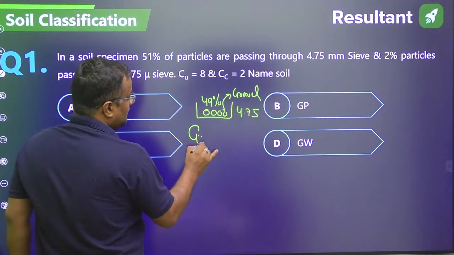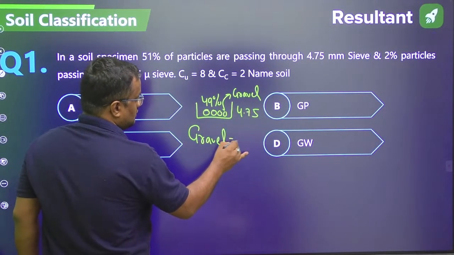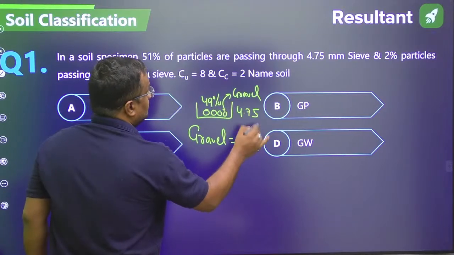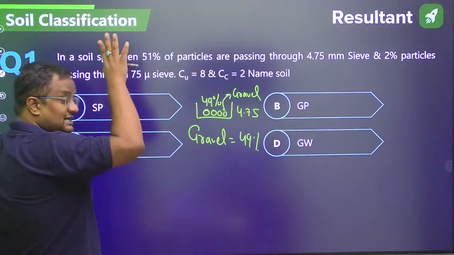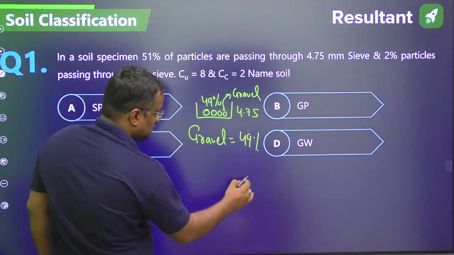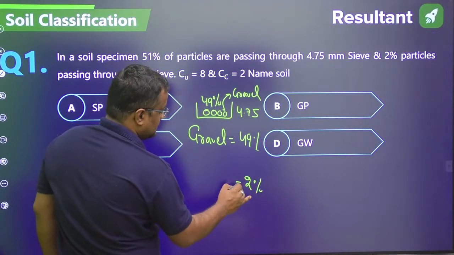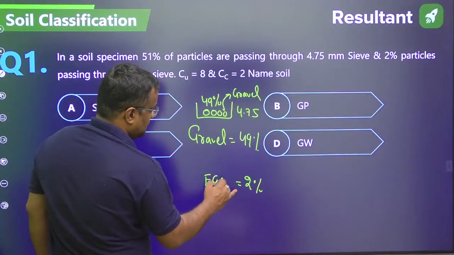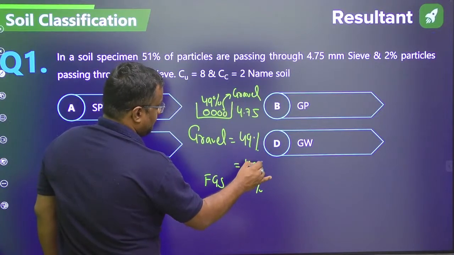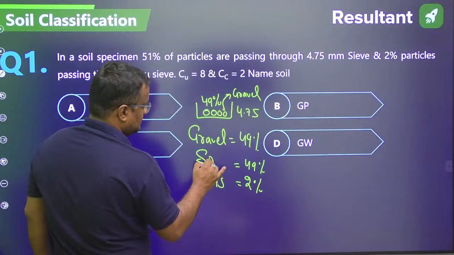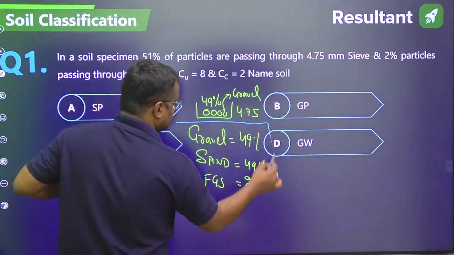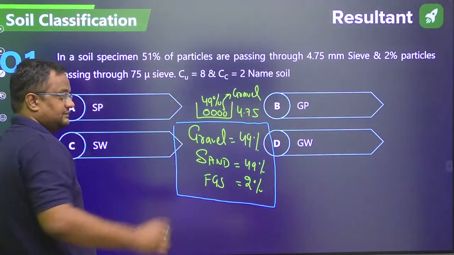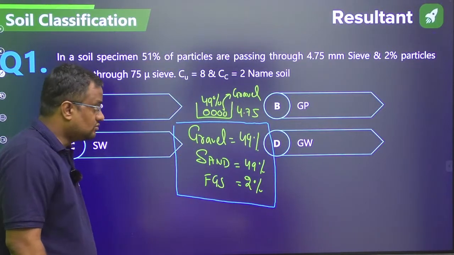So gravel is 49%. 51% are going down, in which 2% are passing through the 75 micron sieve also. So 2% is fine grained soil and 49% is sand. Here 49% is sand.